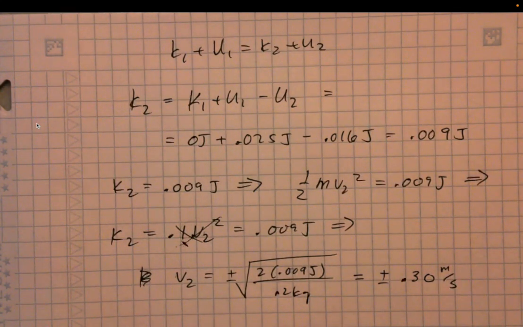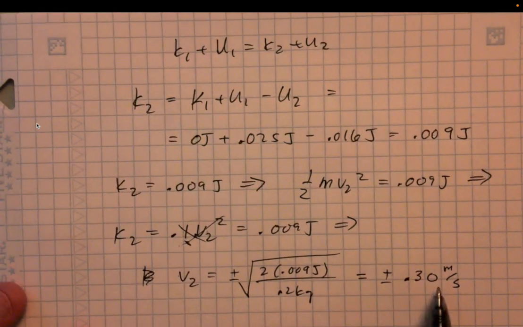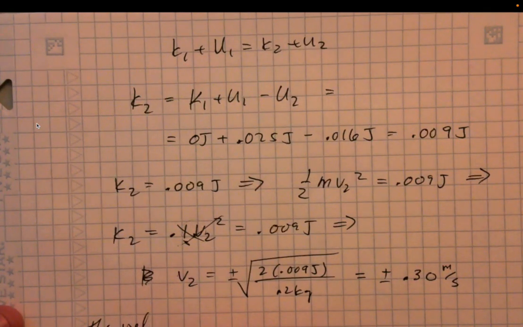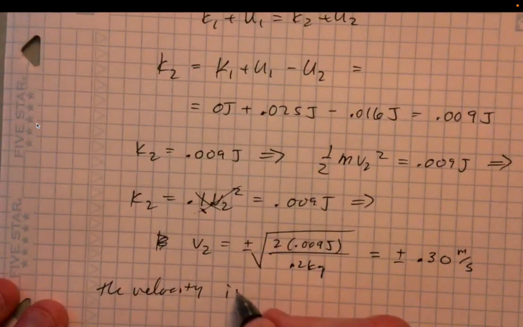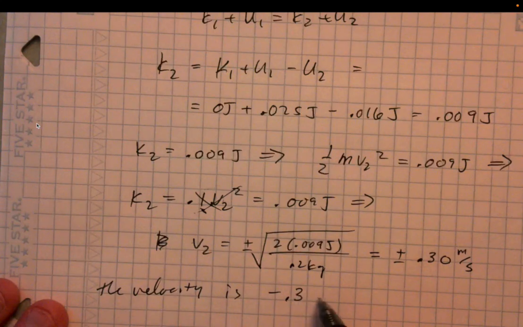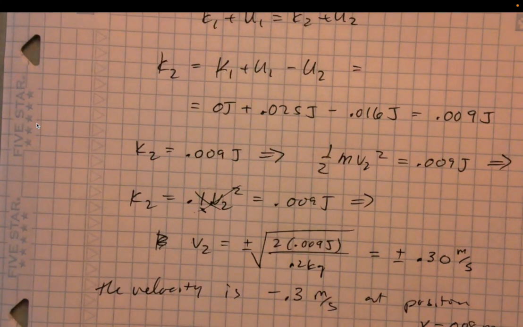And so the mass is moving leftward, right? It's trying to return to its normal state. So technically we would say the velocity is negative 0.3 meters per second at position x equals 0.08 meters.